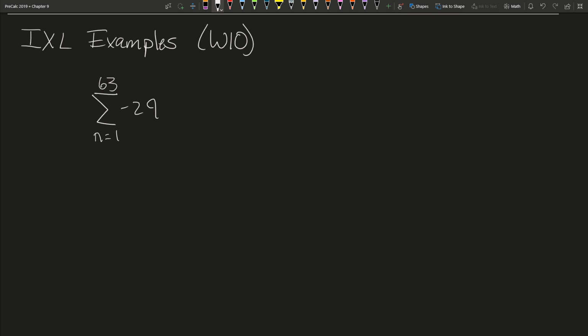So the first several problems is just asking, is the sequence infinite or finite, and then how many terms does it have?